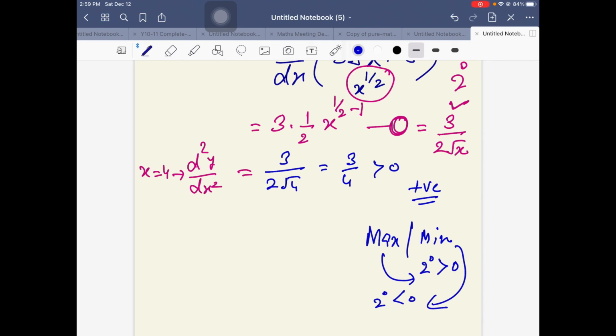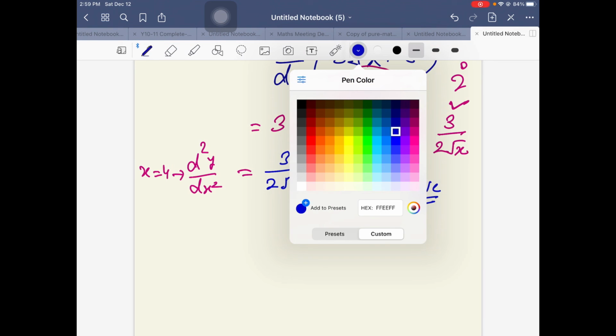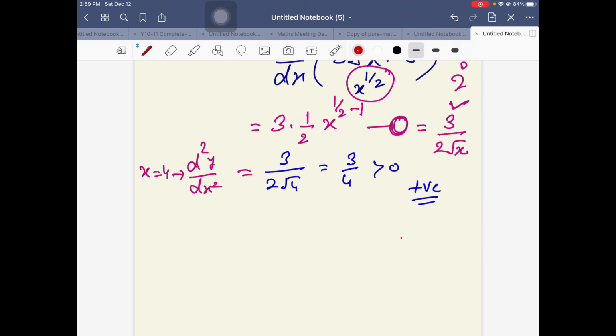Sorry, we have to do it again. Let me erase. If the second derivative is positive at a stationary point, that stationary point is a point of minimum. And if it is negative, that stationary point is a maximum.